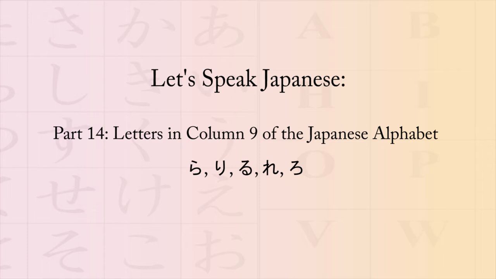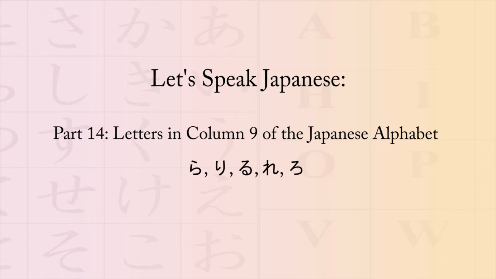Now, just like the Japanese may have a difficulty of pronouncing R's and L's because the letters ra, ri, ru, re, ro don't sound like either of them, the other way around, English speakers would have a hard time of pronouncing ra, ri, ru, re, ro because R's and L's don't exactly match those sounds as well.